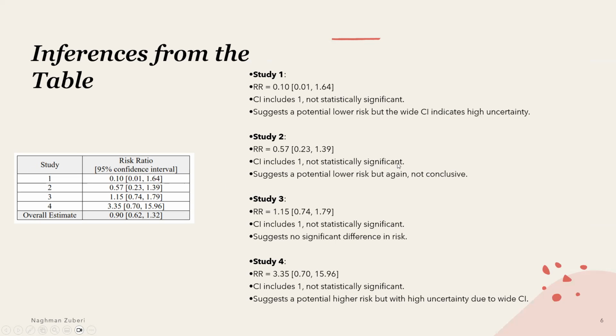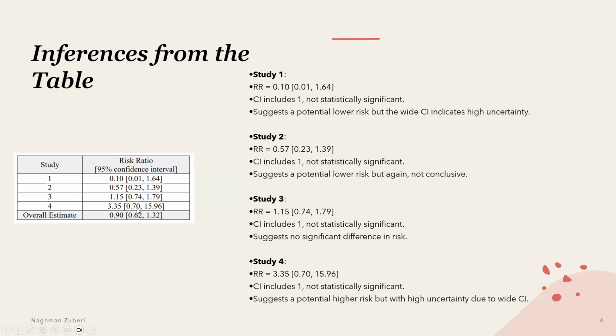Not statistically significant. It suggests a potential lower risk, but again, not conclusive. Then comes study number 3. The CI includes 1 again. Not statistically significant, it suggests no significant difference in the risk.